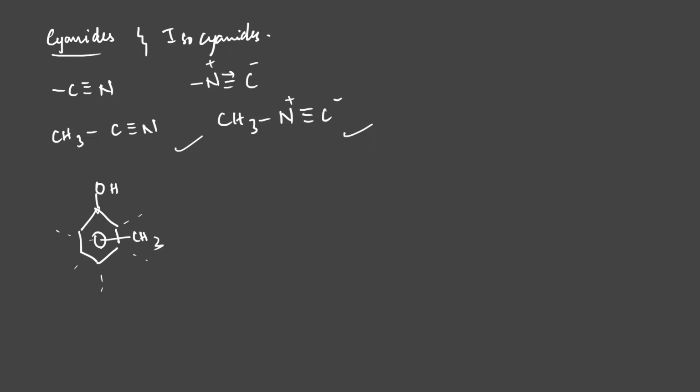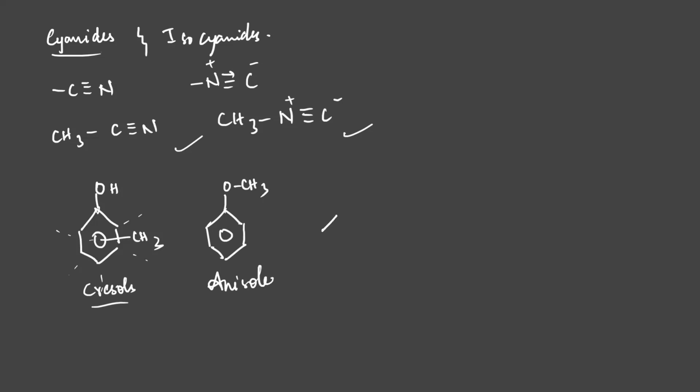That's the representation we are looking at. So these are called cresols: orthocresol, paracresol, metacresol. Now, these are isomeric with anisoles. What is anisole? OCH3. This is called anisole.